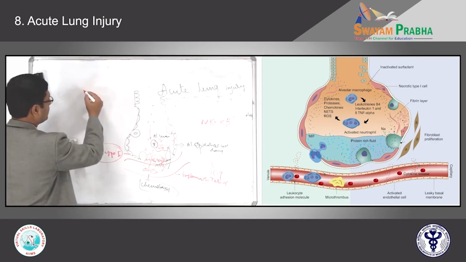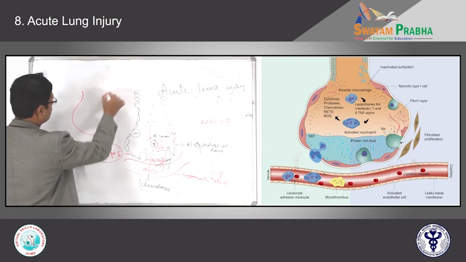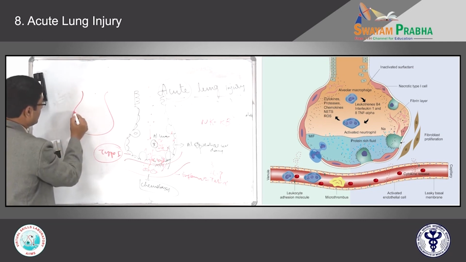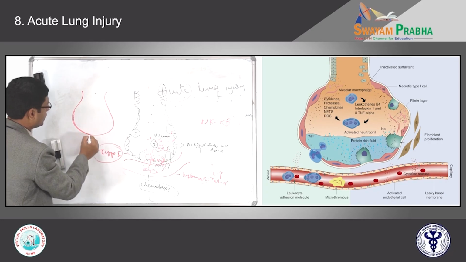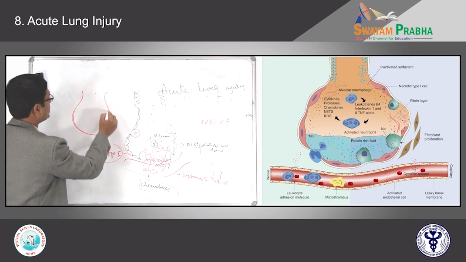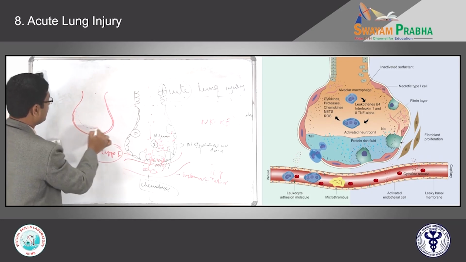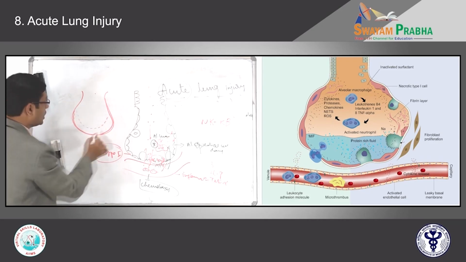You have a lot of completely damaged alveolar epithelial cells. The plasma will fill up the alveolar lumen.